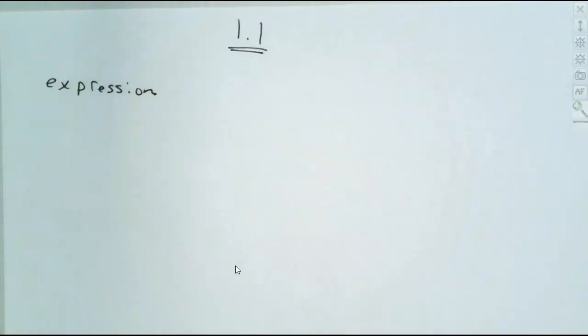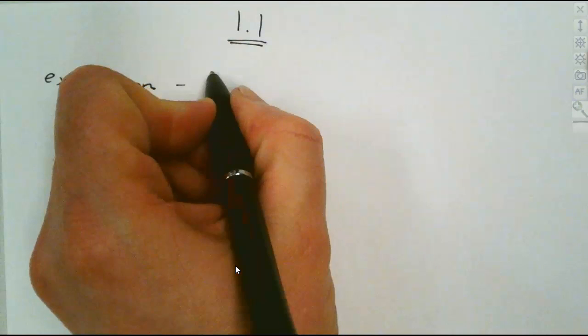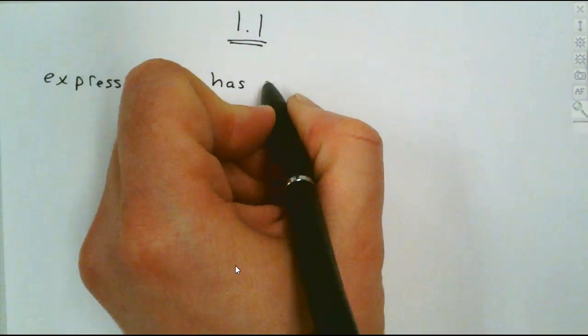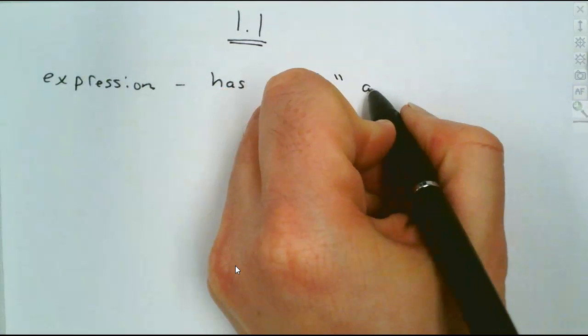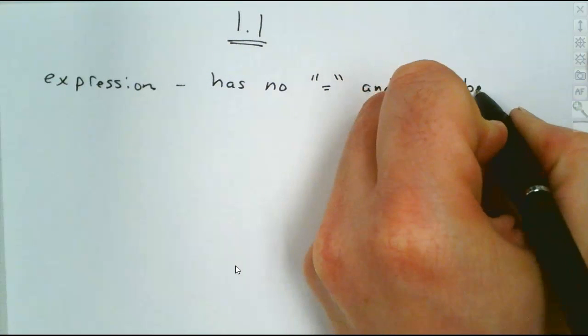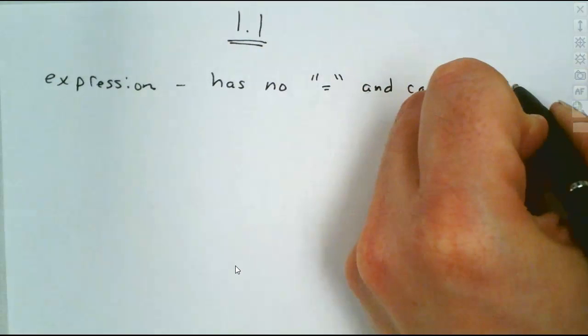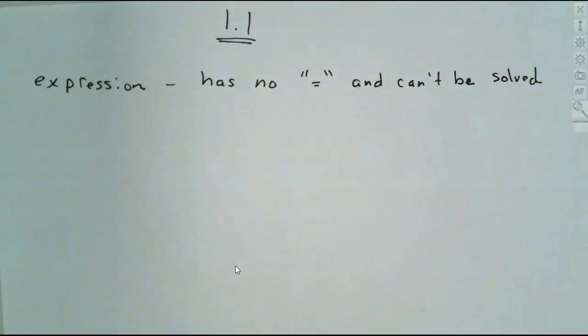So we'll talk first about what an expression is. And so an expression has no equal sign, and it cannot be solved. Now you might be able to combine like terms, but you're not going to be able to solve it.